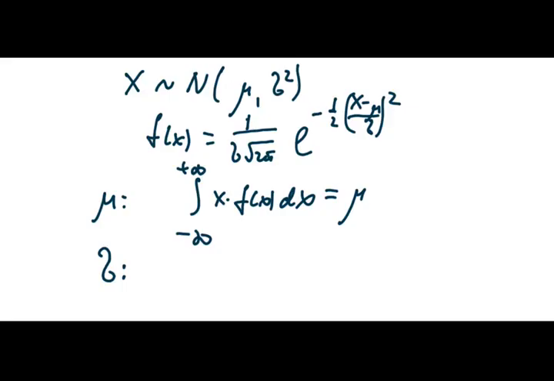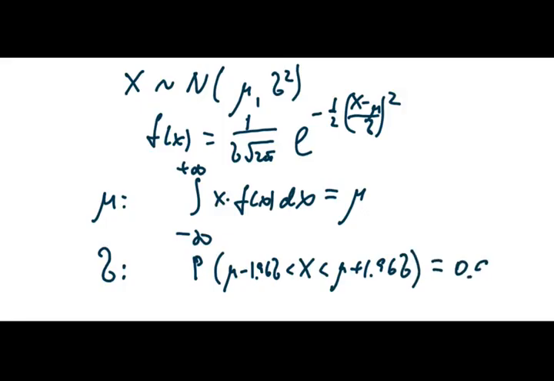And in the last lecture, for example, we saw the following fact. If x small is observed value of random variable x, then probability that observed value of x is between mu minus 1.96 sigma and mu plus 1.96 times sigma is equal to 0.95.